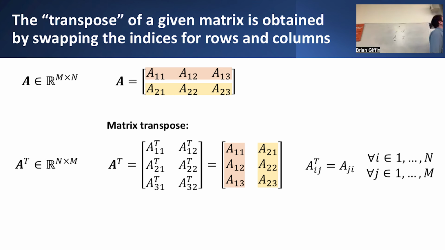Take the example of a matrix we've been working with, 2 rows, 3 columns, arranged like so with the components shown here. To compute the so-called transpose of this matrix, all I have to do is take the original rows of this matrix and flip them, such that what were originally rows are now columns in the transpose of this matrix.